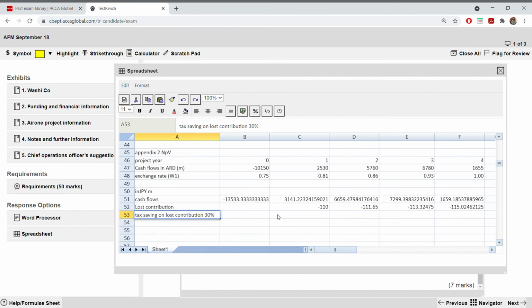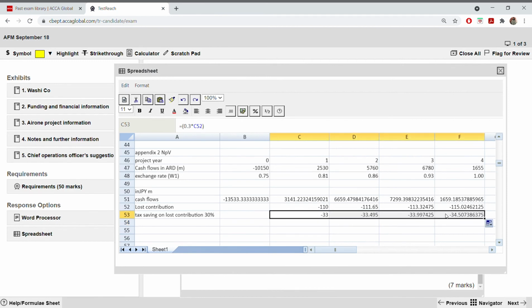Okay, so just take 30% multiplied by this rate. And here it is tax saved, so don't forget to take out the minus. How can you take the minus? Just multiply the same number by minus 1.